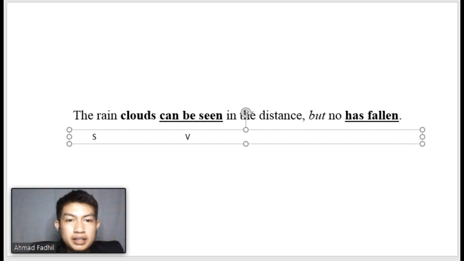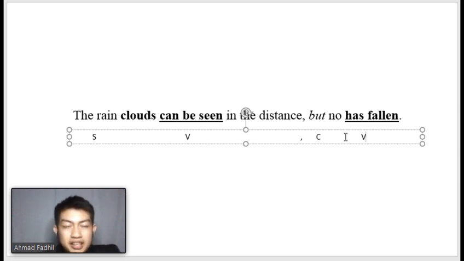But is a connector, and here you can see there is a comma. Has fallen is the second verb. As you can see, there is no second subject, so this sentence is wrong.